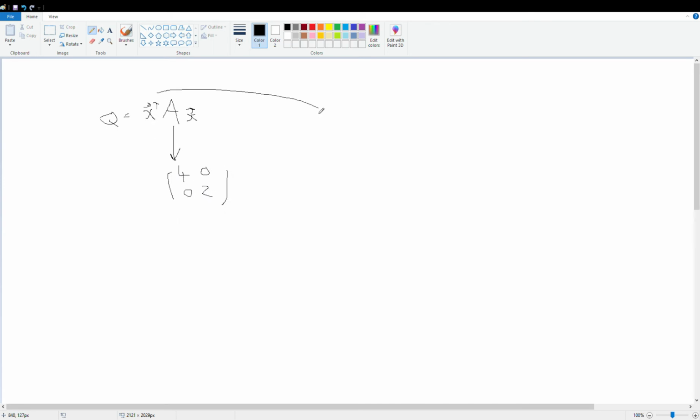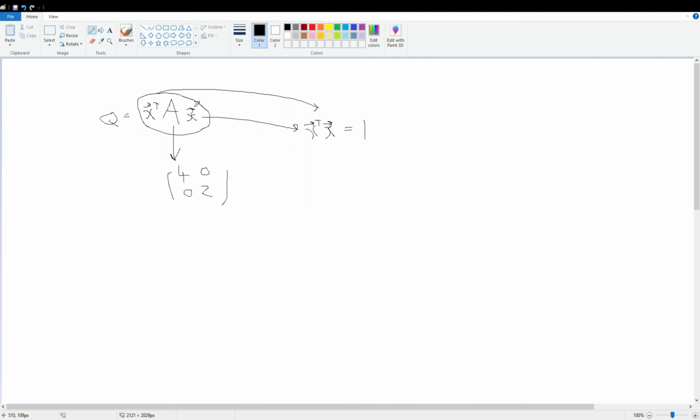And we're told that the value of x transpose x, the dot product, has to be equal to 1. And we want to maximize the value of x transpose A multiplied by x.